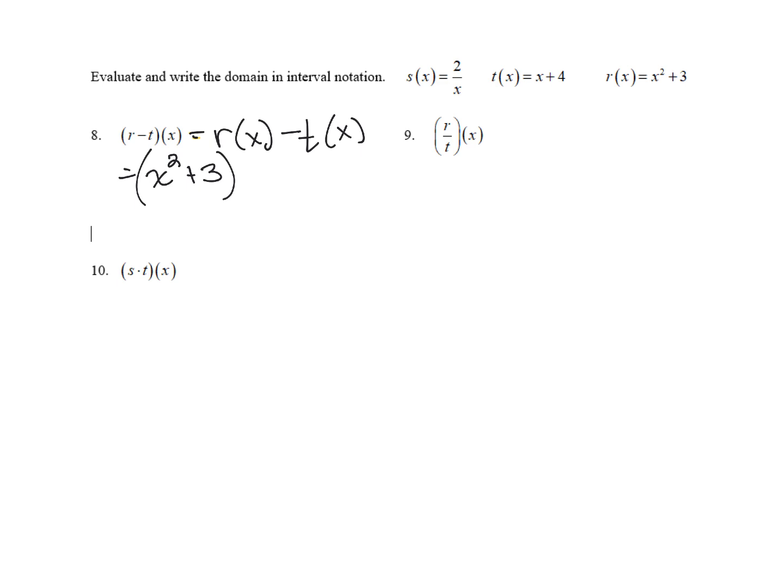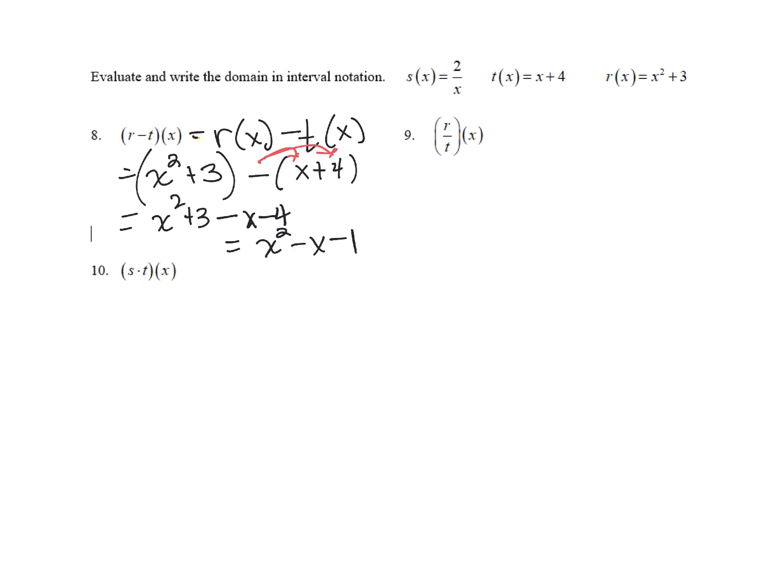That's r of x. We're going to subtract t of x, which is x plus 4. Now remember, when we are subtracting, we have to distribute that negative. So what we get is x squared plus 3 minus x minus 4. So the result of this, when I combine like terms, is x squared minus x minus 1.